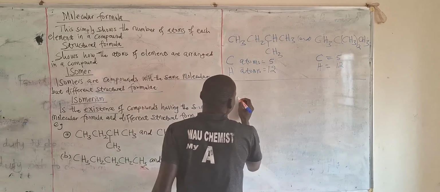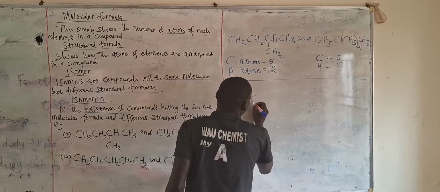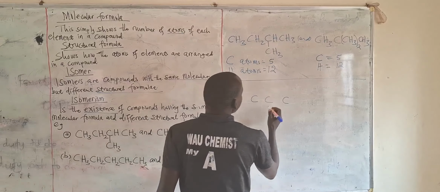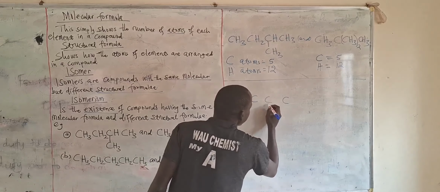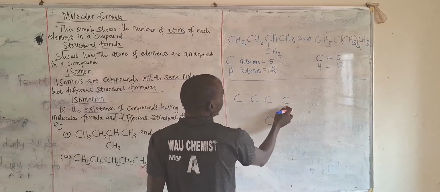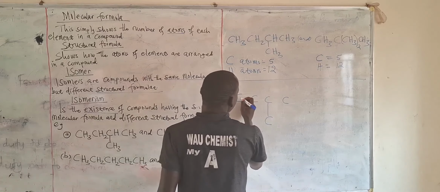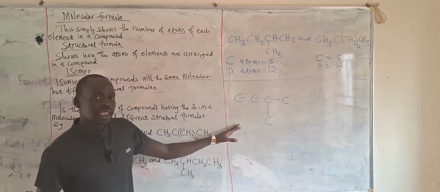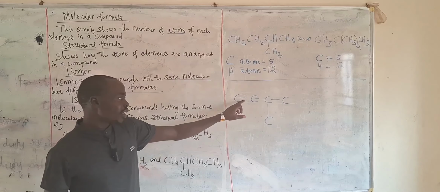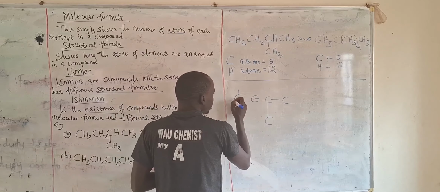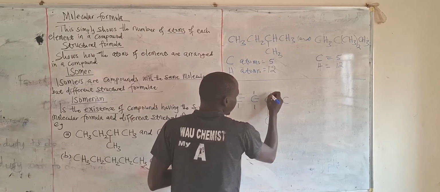So we say 1, 2, 3, 4, but there is a branch on this carbon, so we have 1, 2, 3, 4, 5. Let's put the number of hydrogen atoms. And we are still in alkanes. We're saying alkanes have only a single bond between the carbon atoms. So we shall be in a position to put something of this kind.